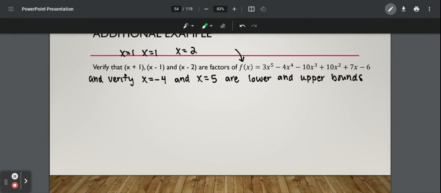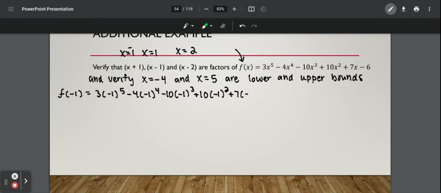If we did f of -1, and you did 3 times -1 to the 5th, minus 4 times -1 to the 4th, minus 10 times -1 cubed, plus 10 times -1 squared, plus 7 times -1 minus 6, we get 0. And then we do the same thing for f of 1.